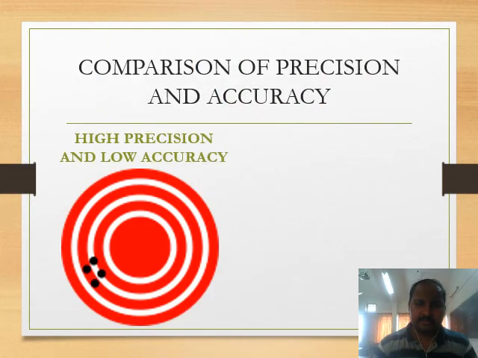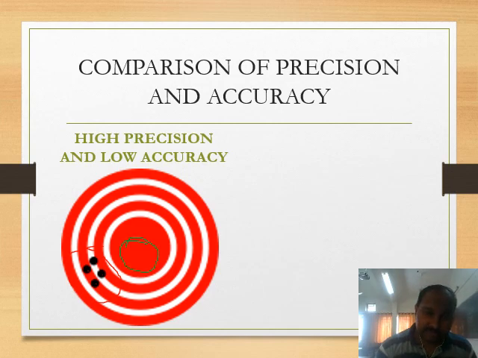For example, if I take this figure as precise values, the first, second, third, and fourth values are very close with respect to each other, whereas this is the true value.